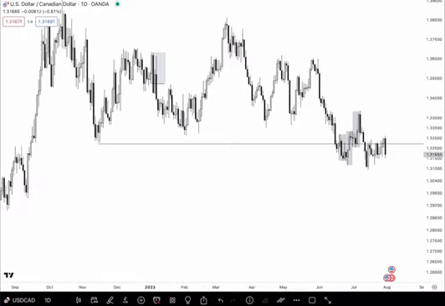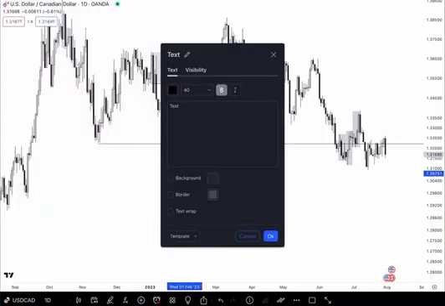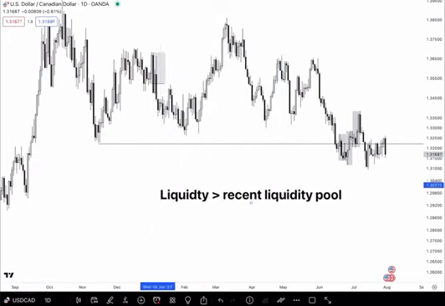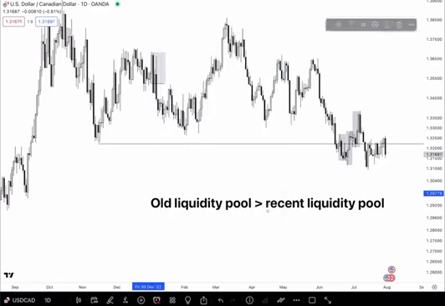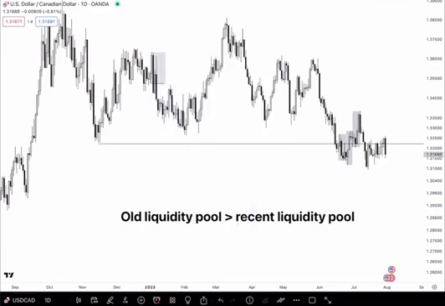One of the highest probability models you'll ever find is taking all liquidity and transferring it to a recent liquidity pool, right? What does that mean? Old liquidity pool to a recent liquidity pool. All right?